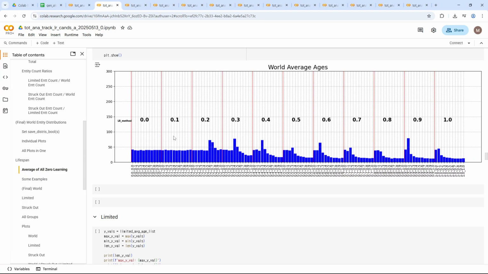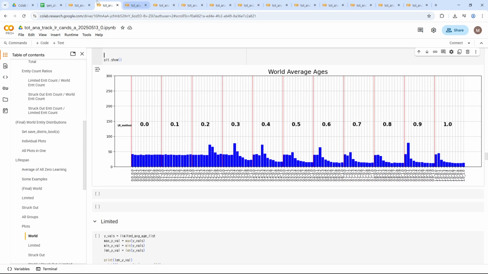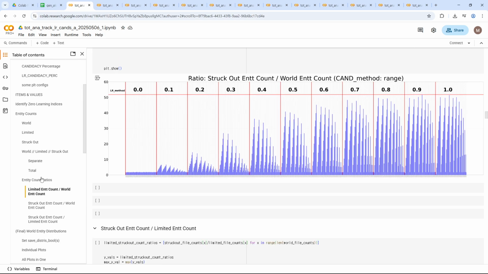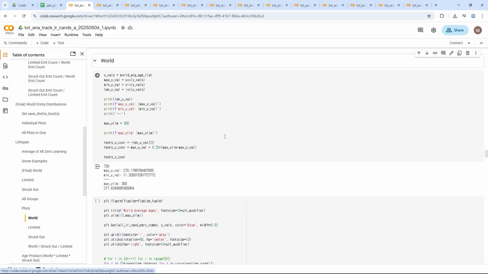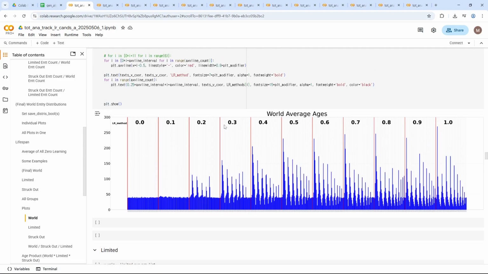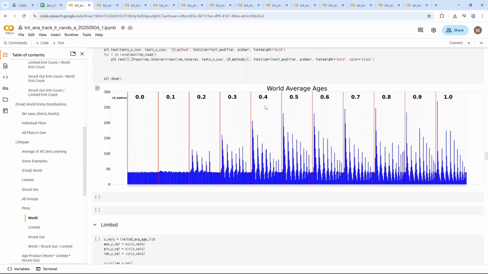Yeah, world average ages. All the average ages. There we go. We see everything spiking up to 300, or maybe above 200, when we had the universal learn rates and the candidate ranges.